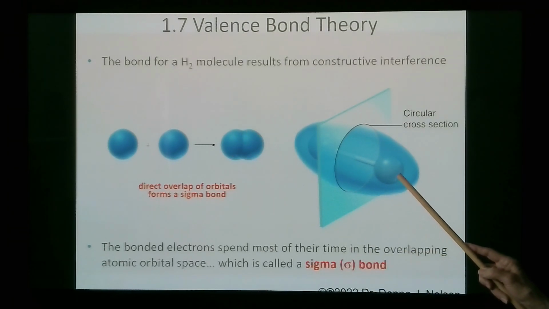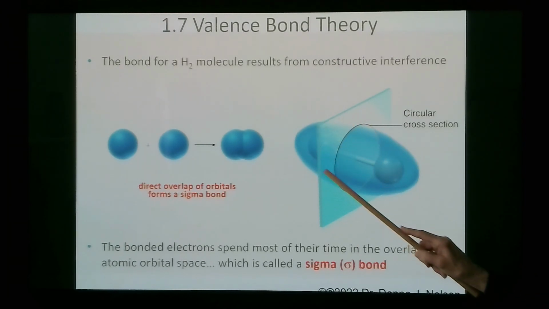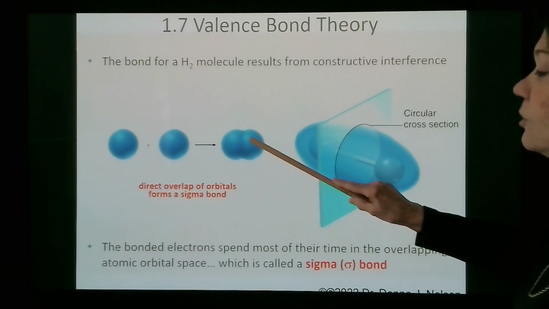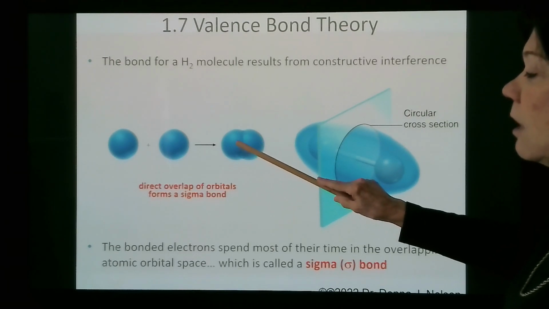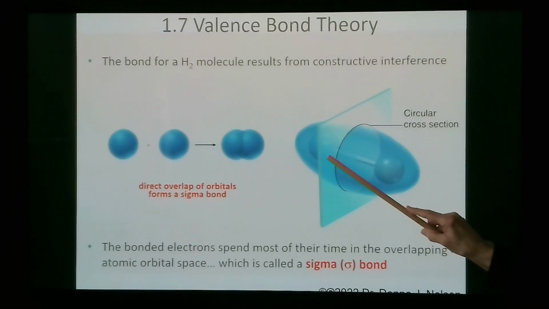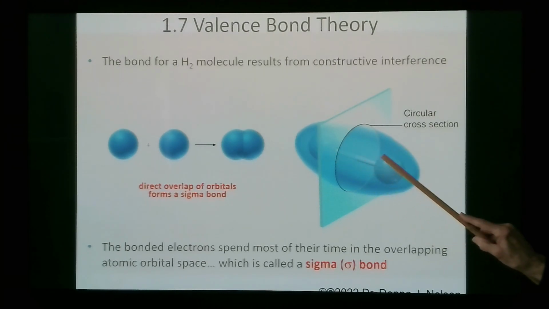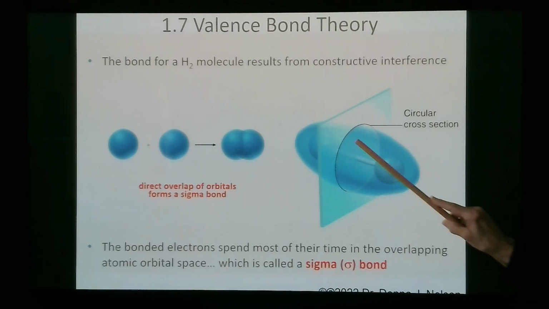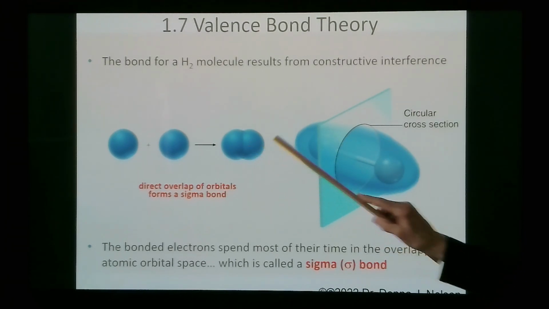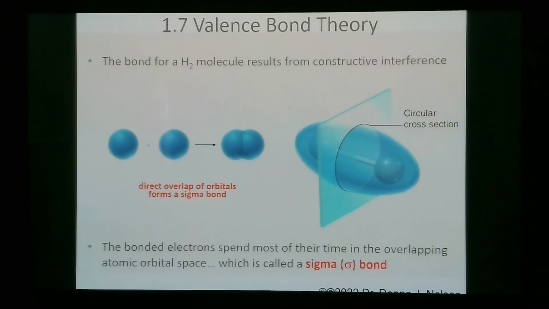But this is an actual depiction of a molecular orbital. You can see these atomic orbitals are still localized, each around its own nucleus. But here, the molecular orbital is delocalized around both nuclei. And so that's the difference between atomic orbitals and molecular orbitals.